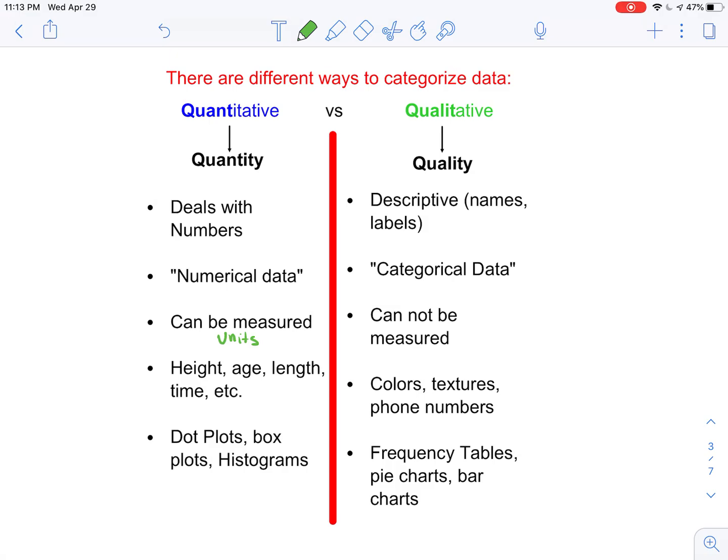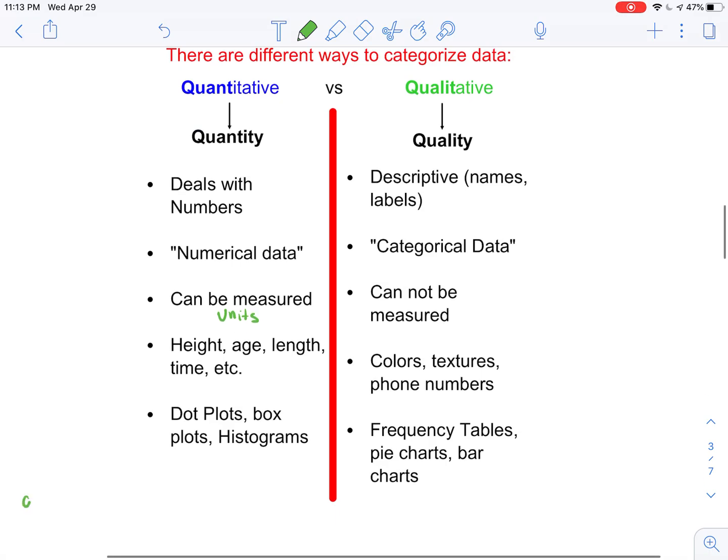Now, something else that's not written down here about quantitative data, it is separated into two types of categories within this category. Quantitative data could either be discrete or continuous. And discrete means that it can be counted, right?